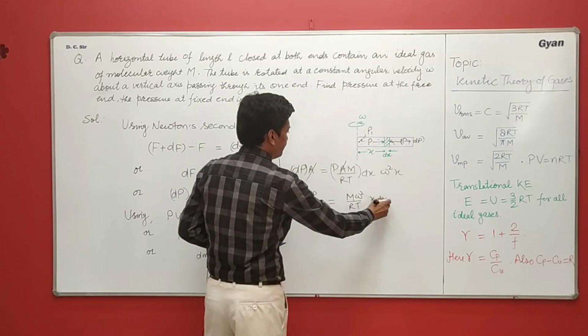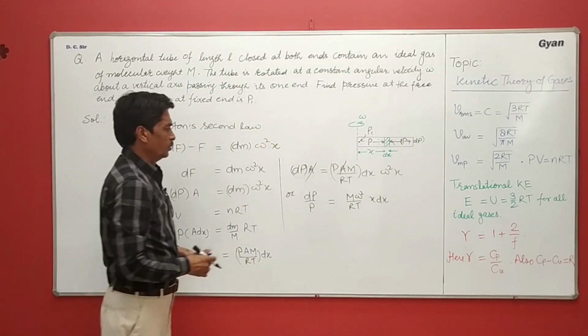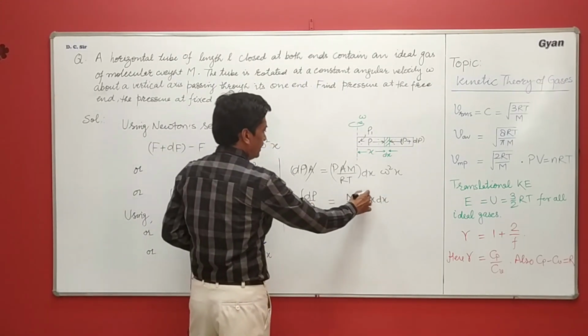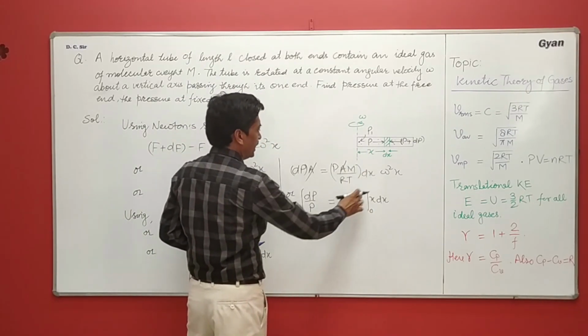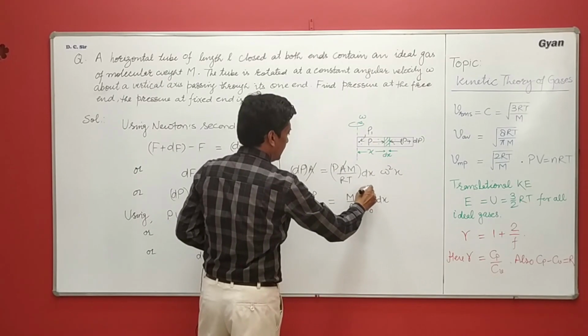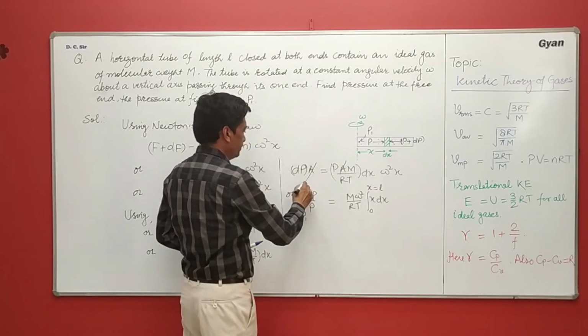Okay. Now integrating on both sides of the equation: at x equal to 0, the pressure is P1. At this end, x equal to L, the pressure is P2.